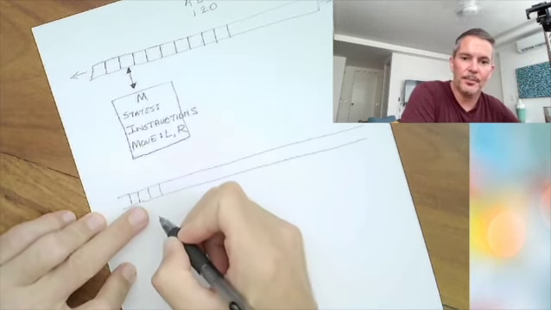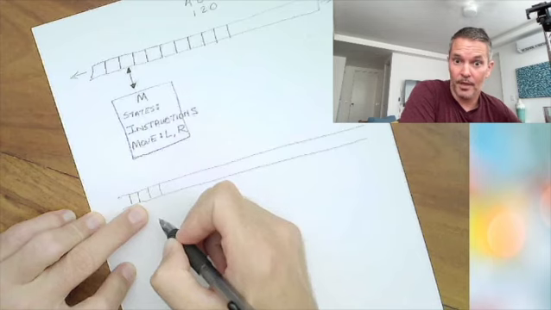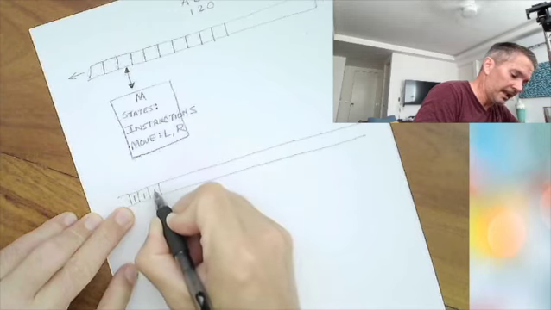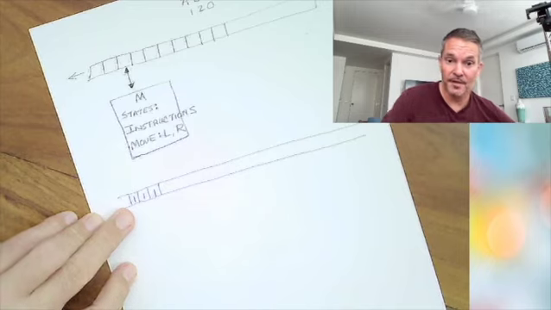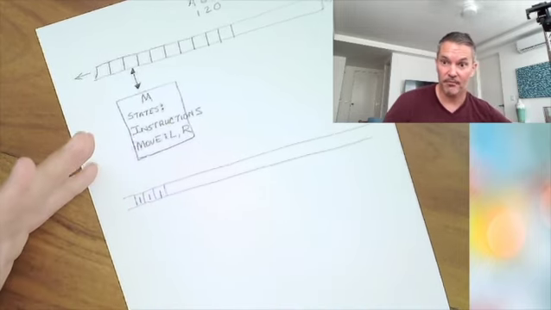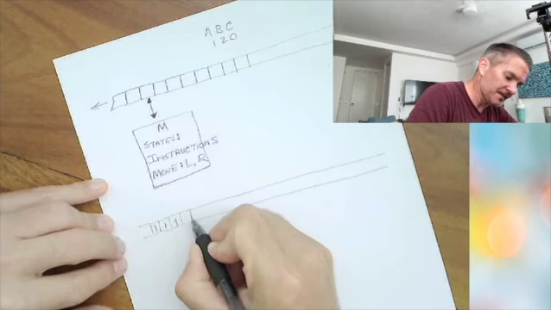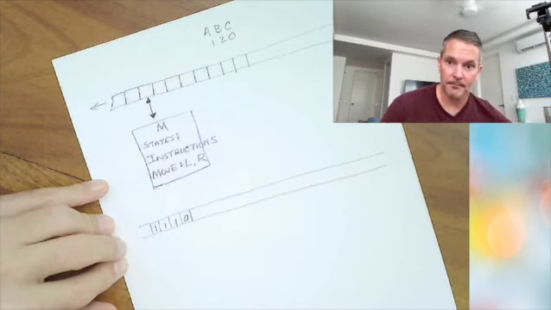If I want to represent the number 3, I'm going to put a 1 symbol in the first 3 slots on the tape. So this represents 3, okay? And then I'm going to add a slot on the tape where there's a 0, there's nothing.